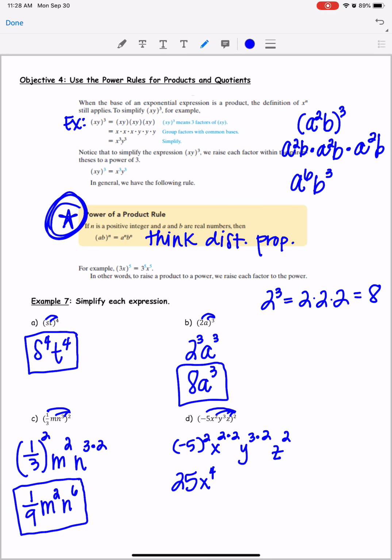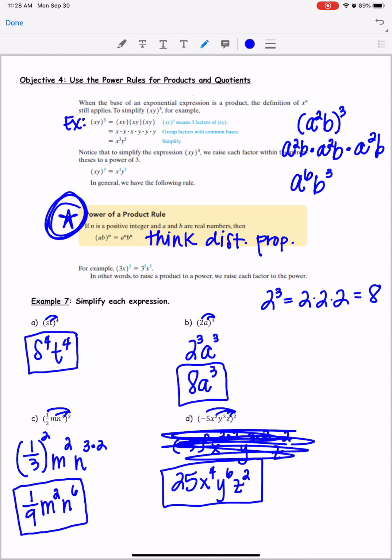Three times 2 is y to the 6th, and then my z squared comes down. And again, if you don't need this step right here, you can go straight from the problem to your answer. I don't have a problem with that. Just make sure that coefficient gets your exponent, because that's more times than not where we will make mistakes on those.